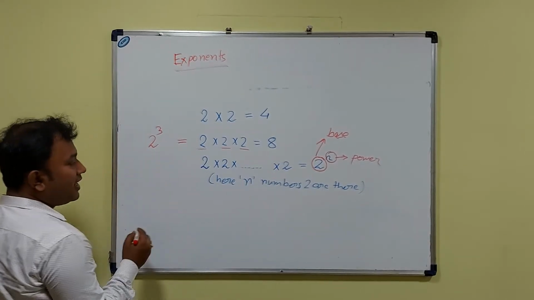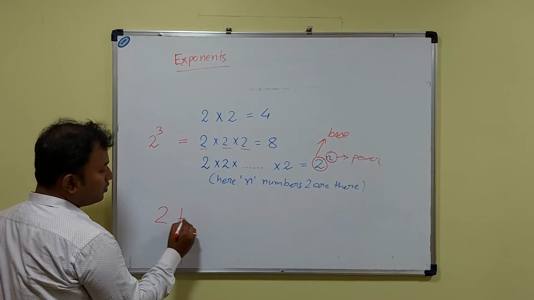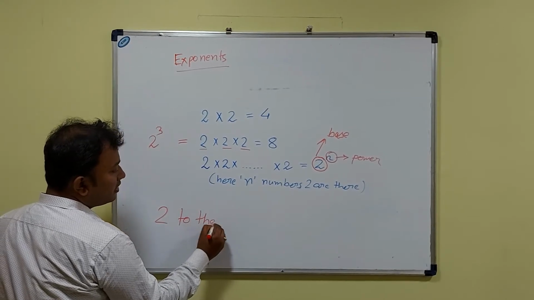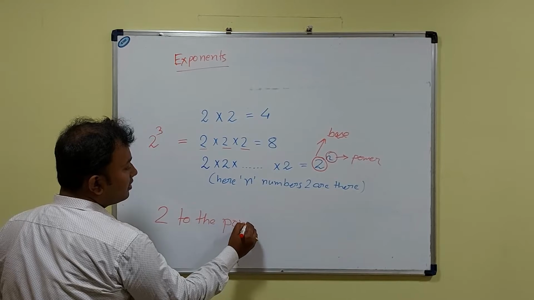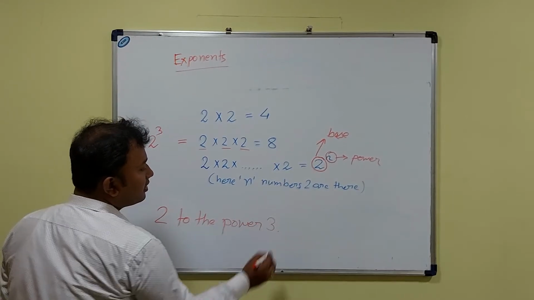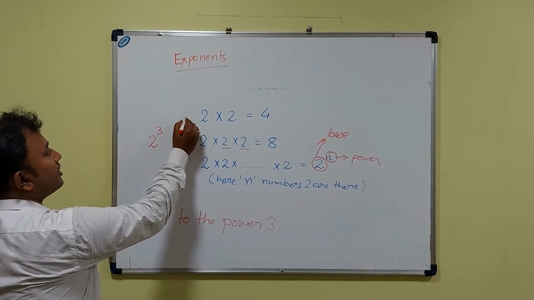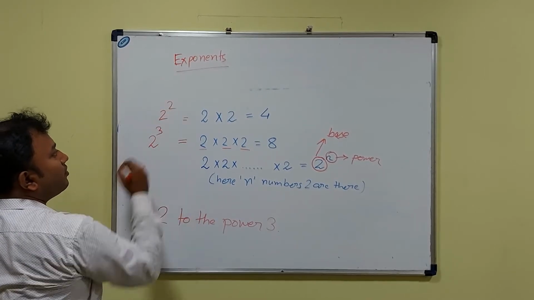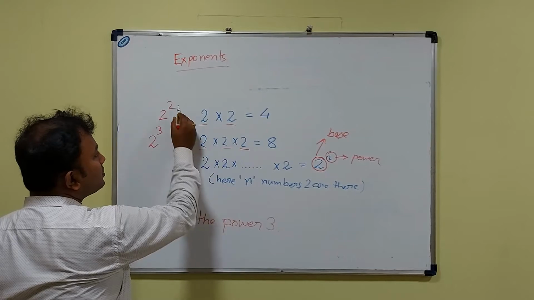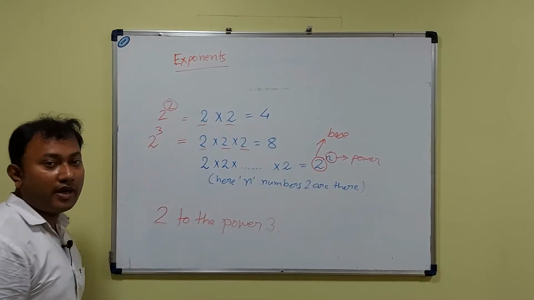This is read as 2 to the power 3. Then 2 into 2 will be 2 square. Why 2 square? Only two 2's are there, so this will be square.